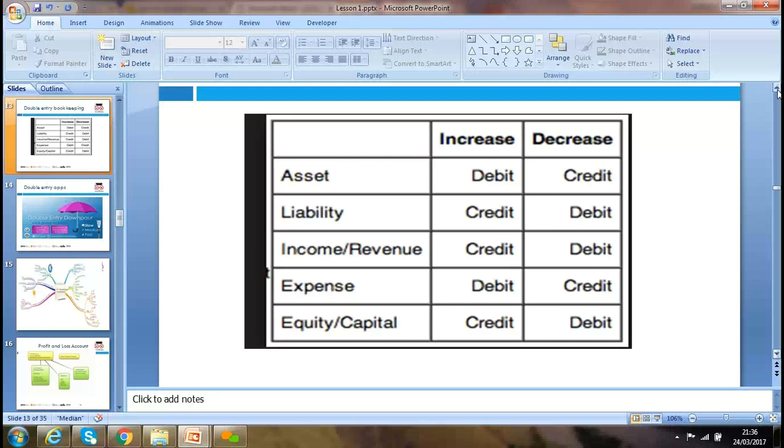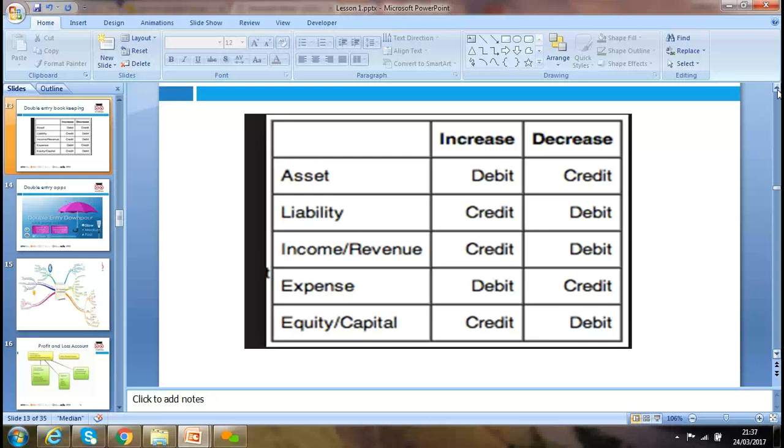Any other asset? Money, money in hand, cash in bank. Those are assets. Brilliant. Well done. Land, building, plant, machinery, computer, all these are assets, because an asset means anything which we will use and which gives us economic benefit. If we have land, we can use it for parking, we can use it for the business. It gives us some money, it's an economic benefit, so we call it an asset.